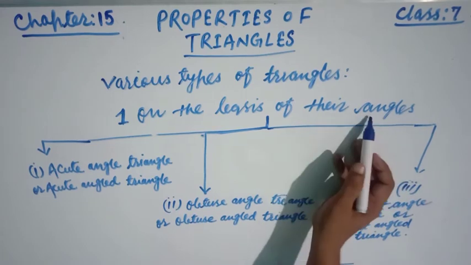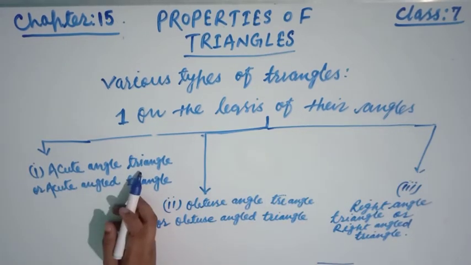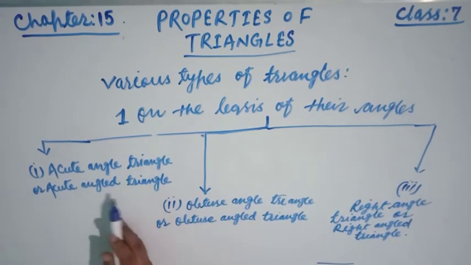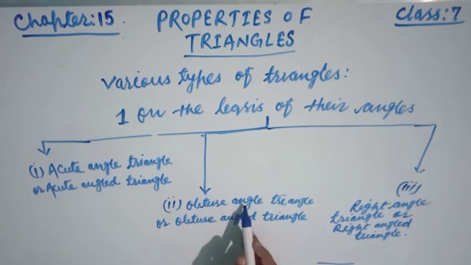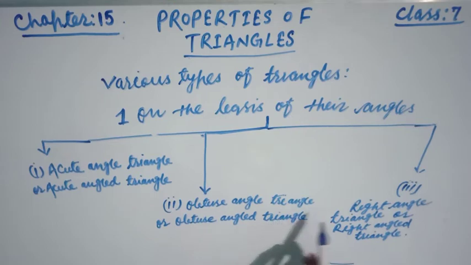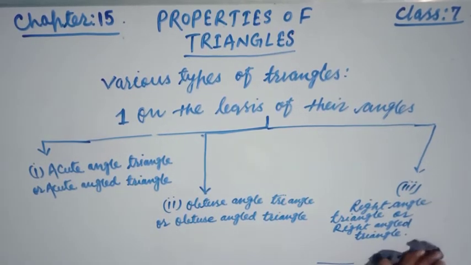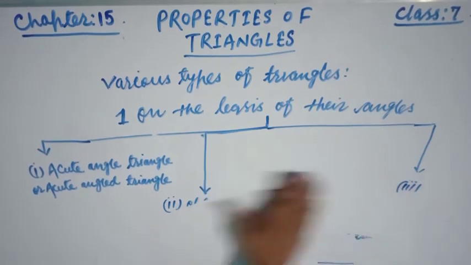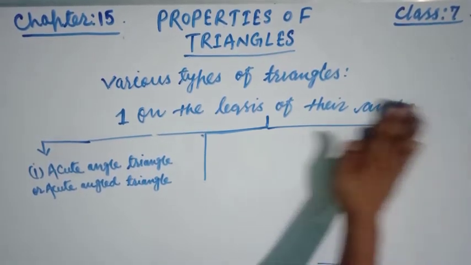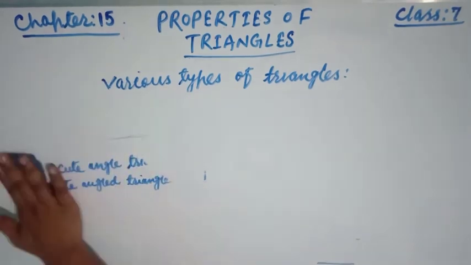The first, acute angle triangle or acute angled triangle. Second, obtuse angle triangle or obtuse angled triangle. Third, right angle triangle or right angled triangle. So friends, now let us define one by one.